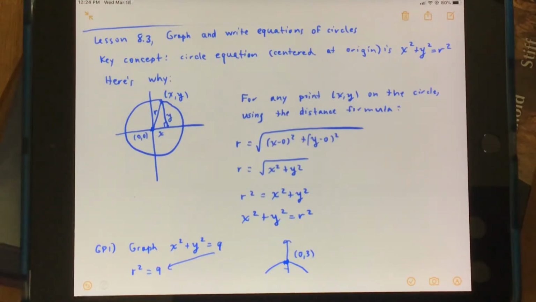So when you see the radical in my work to the right, you're going to realize that I am using the distance formula to derive this equation. For any point x y on the circle, using the distance formula, we get r is equal to the square root of x minus 0 quantity squared plus y minus 0 quantity squared. So I'm using 0, 0, and x y as my two ordered pairs and plugging them into the distance formula.